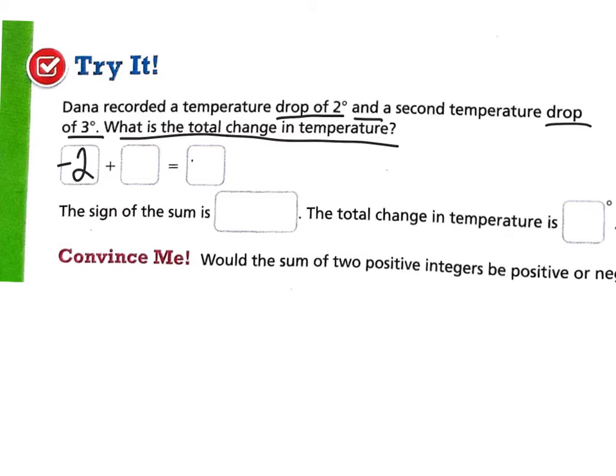So drop of 2 would be negative 2. Drop of 3 would be negative 3. So negative 2 plus negative 3 altogether would be negative 5. And we could say the sign of the sum is negative, and the total change in temperature is negative 5 degrees.